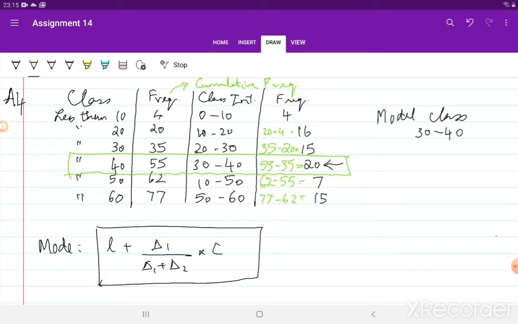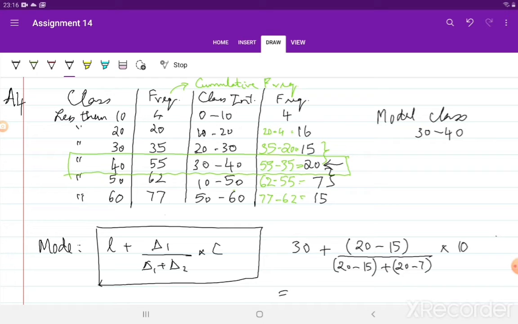Alright, so L will be 30 plus the difference between the frequency of the modal class and the pre-modal class, which means the difference between these two, divided by 20 minus 15 plus the difference between the frequency of the modal class and the post-modal class, which is 20 minus 7, into C, which like I said earlier is 10.